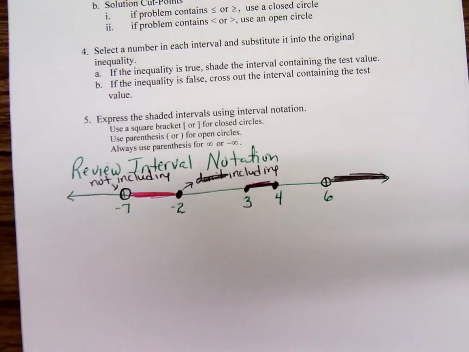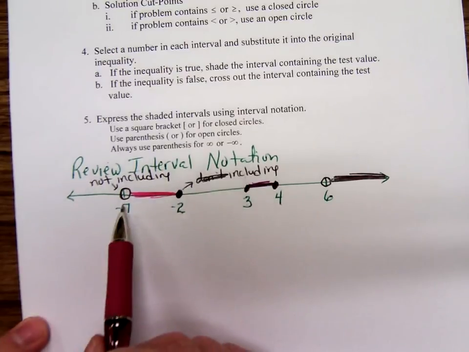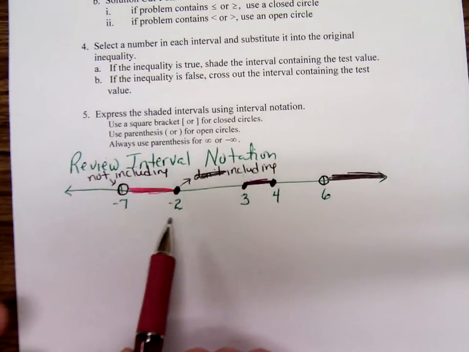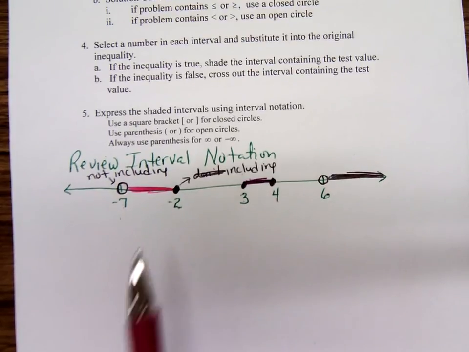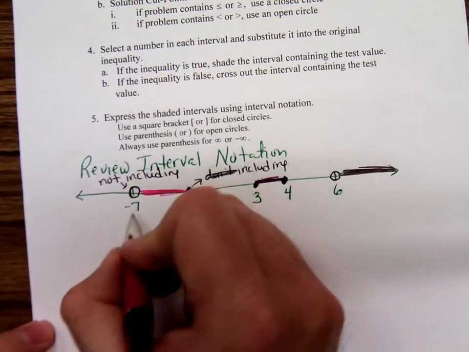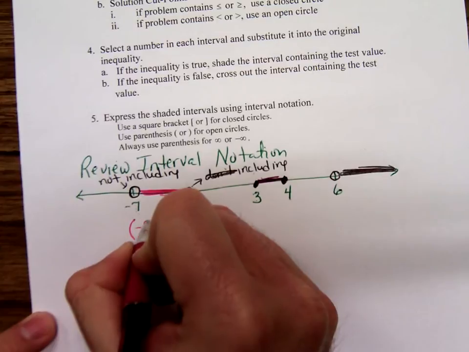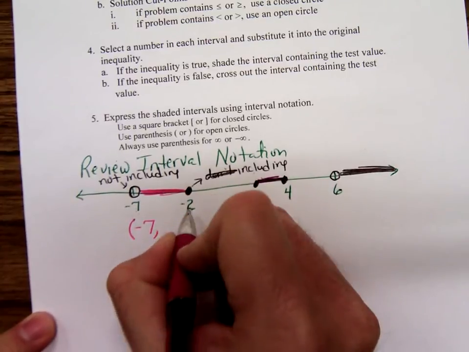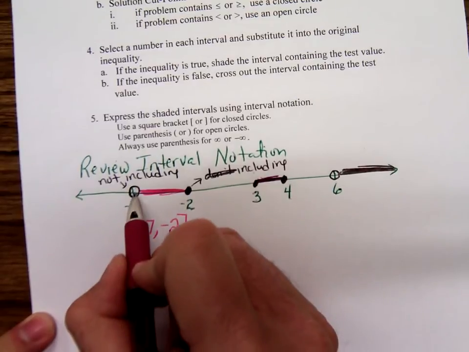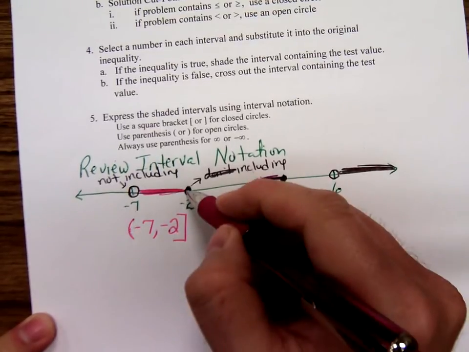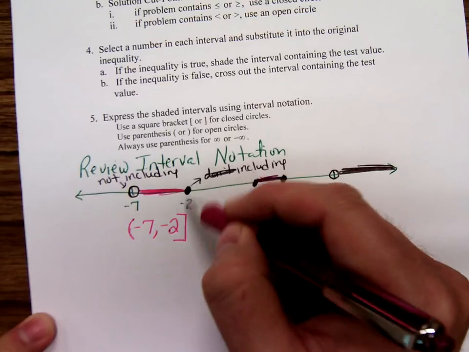Now to write interval notation, a symbolic way of writing all numbers between negative 7 and negative 2, not including negative 7, but including negative 2, we'd write it like this. Use parentheses for open circles and brackets for closed circles.